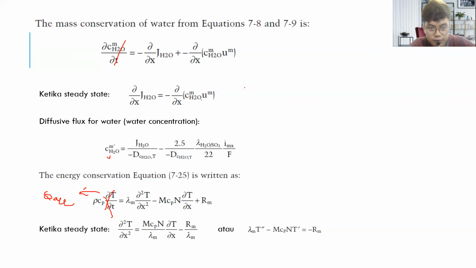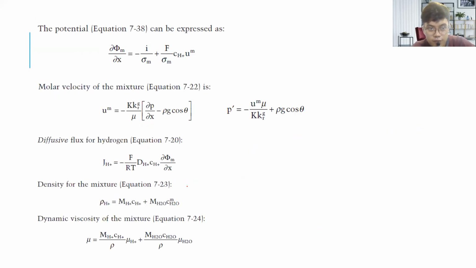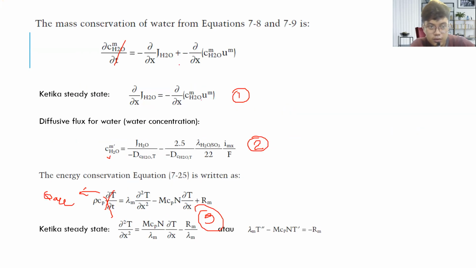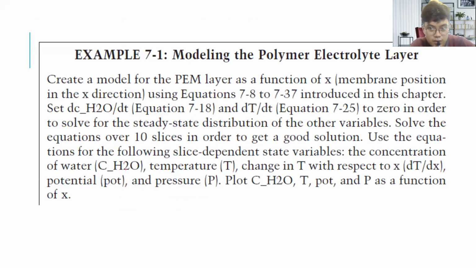Okay, so we have so many equations. This is first equation, and this is the second equation, third equation. Okay, and next for the potential. Okay, the first one is for concentration of water and the temperature and the change of temperature with respect to x direction.